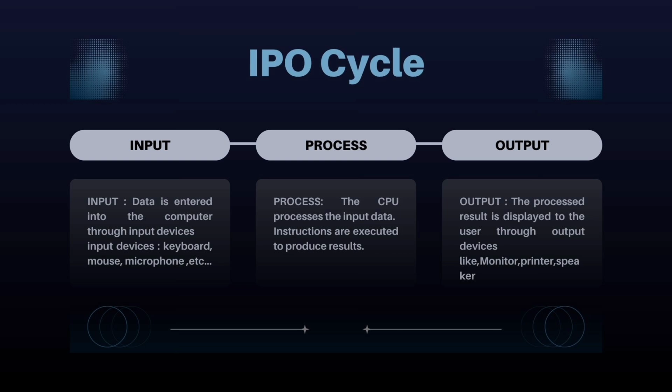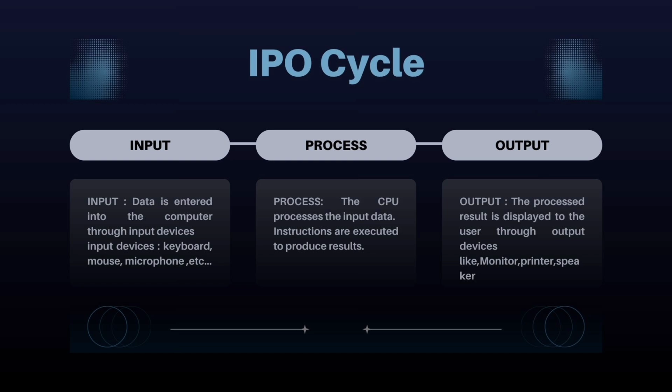Now that we know what a computer is, let's understand how it works. The working of a computer can be explained using the IPO cycle. IPO stands for input, process, and output. Let's understand each stage. Input is the first stage. Here, data is entered into the computer using input devices such as a keyboard, mouse, scanner, or microphone. The second stage is processing.